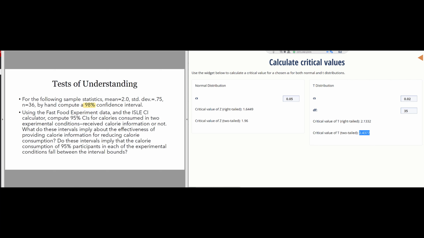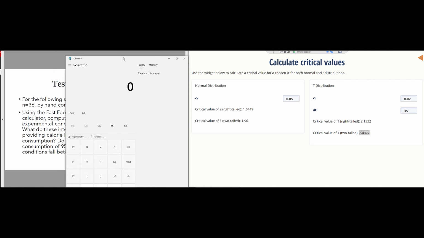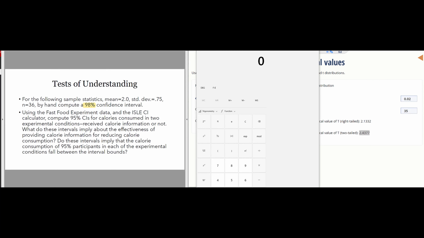Let me fire up a calculator so that I know I'm doing the correct thing here. 0.75 divided by 6 is 0.125.